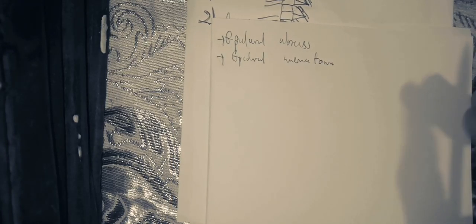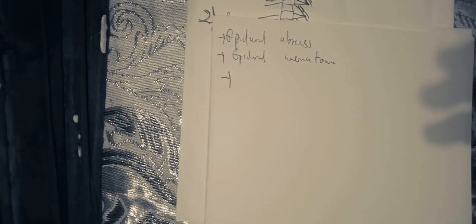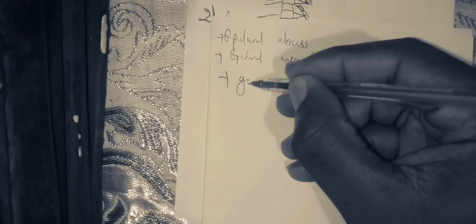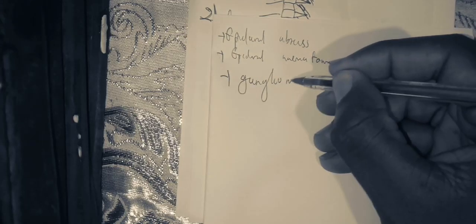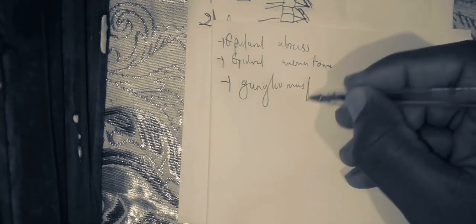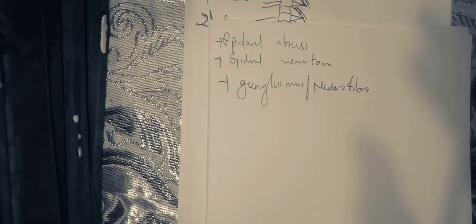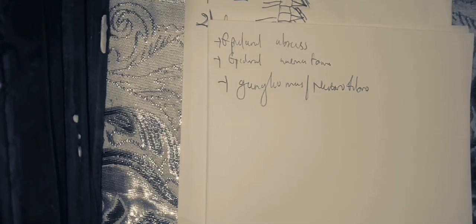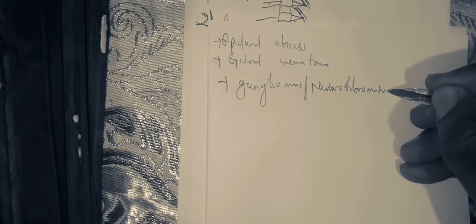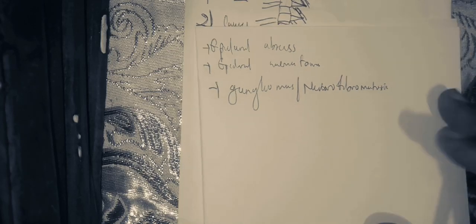Or you have any problem at the level of the ganglions, particularly the dorsal root ganglion, like in the case of cancer, called gangliomas. Or you have also neurofibromatosis, because neurofibromatosis affects the nerve ganglions. Neurofibromatosis can also affect at this level.